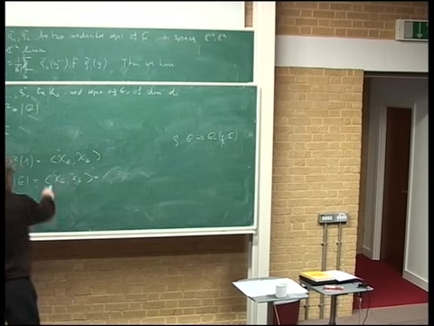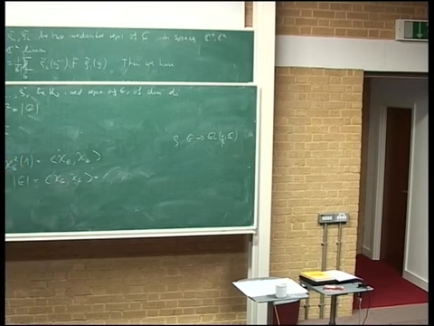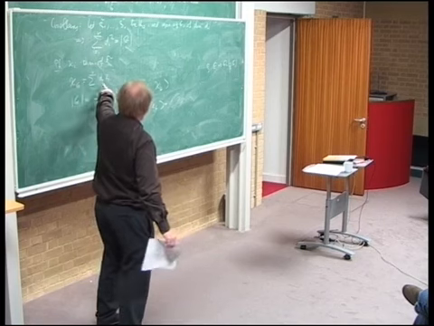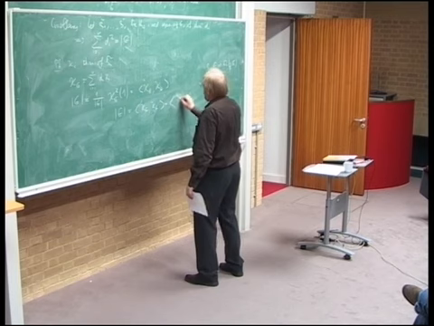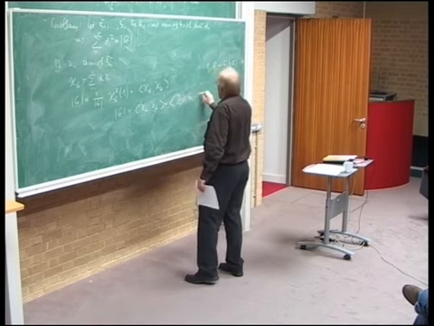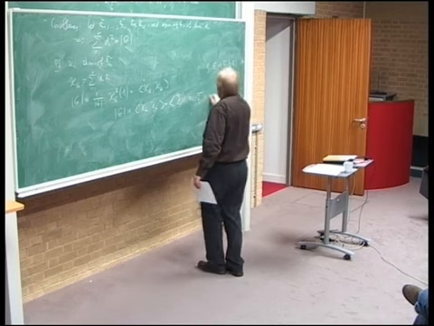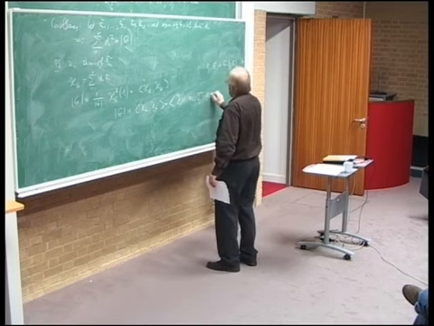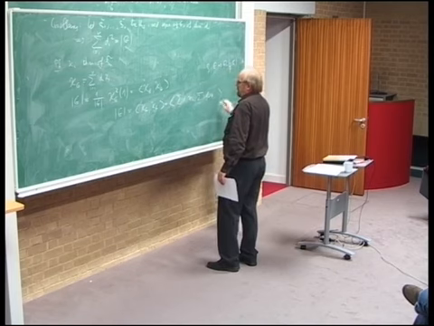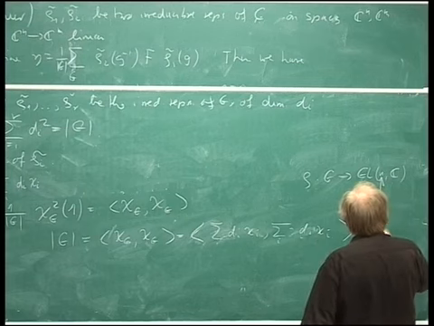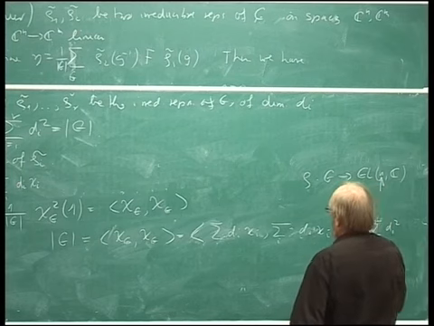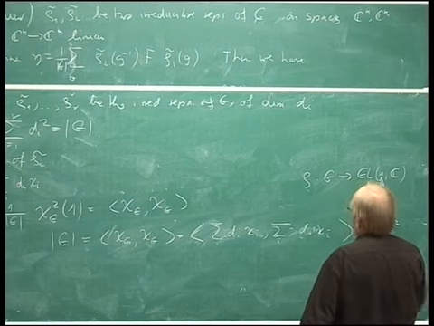So we wanted to show this here. For each of them, I write this sum. So I have the summation over i of d_i chi_i, and this is the summation over i of d_i squared.